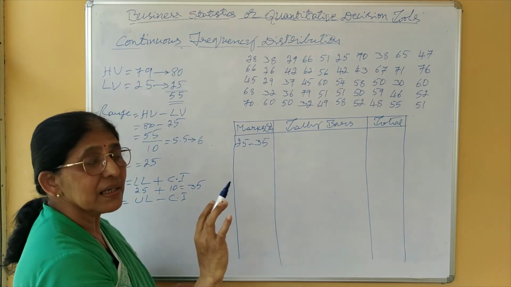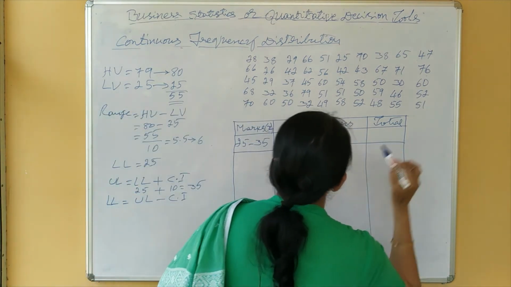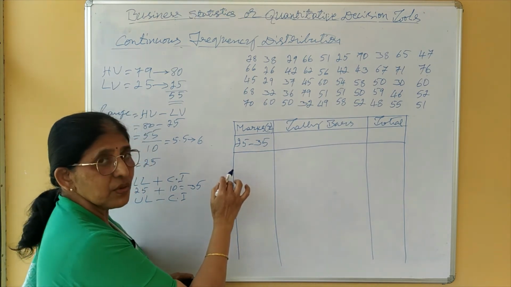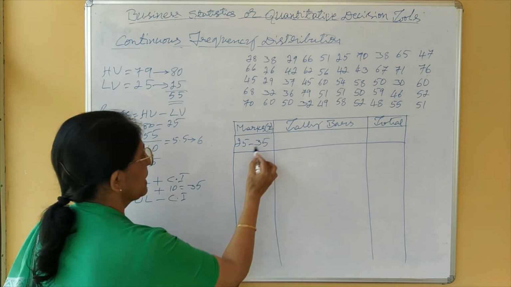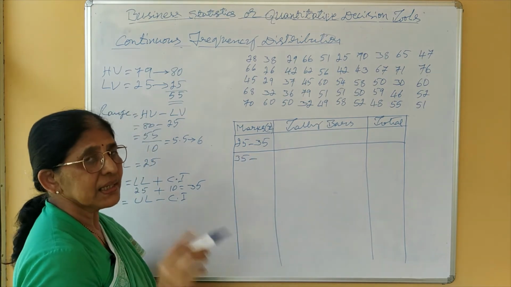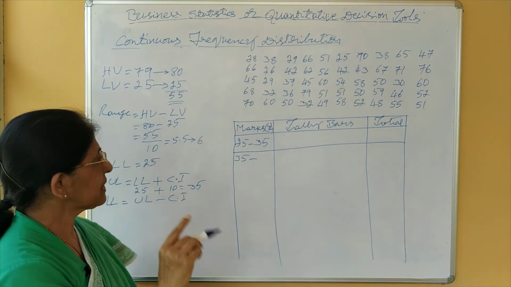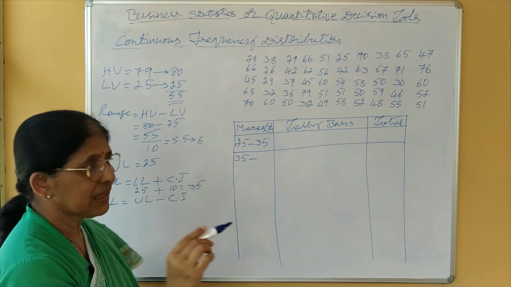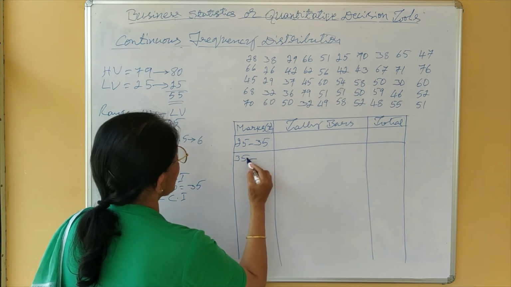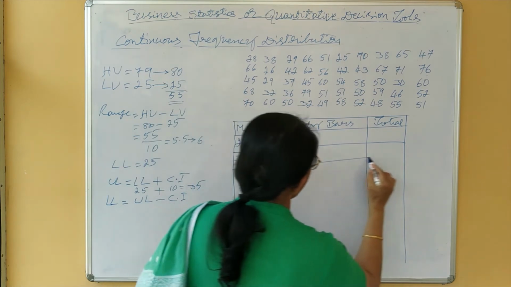Now, let us take the exclusive method first. Exclusive method means what? The upper limit of the previous class is equal to the lower limit of the next class. Therefore, the lower limit of the next class is 35. And here, as far as possible, the class interval must be common. Here we have taken the class interval as 10. Now, the upper limit is lower limit plus class interval. 35 plus 10, 45.